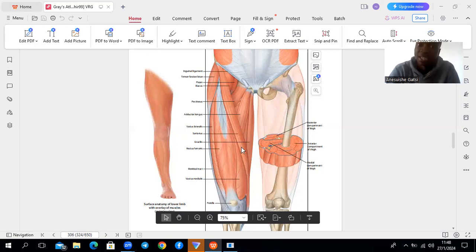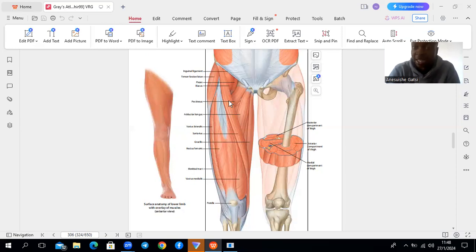Nerve innervation, it belongs to the anterior compartment of the thigh. So it's going to get its innervation from the femoral nerve, in particular L2, L3 roots. Function, it's going to be a flexor of the hip, and it's also going to flex at the knee.